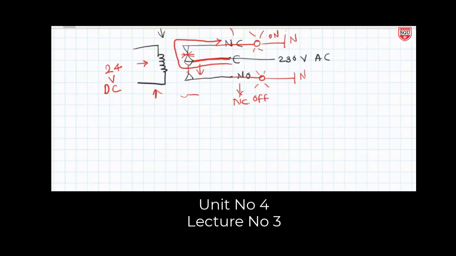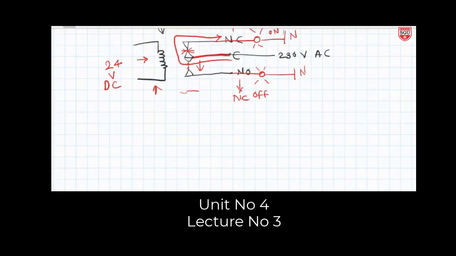That DC voltage is given to the coil, so that the coil gets magnetized. Due to that magnetic field, one plate which is common gets attracted towards the other plate, so that NO will become NC, and NC will become NO. So what is happening now? Just observe. This is a relay.